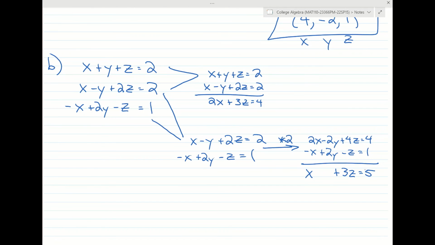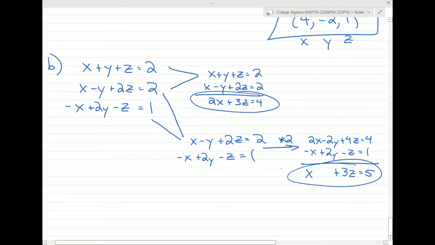So at this stage, we have 2 equations with 2 variables. The way that you get better at this is by practicing. All right, so just kind of finishing up here, we have 2x plus 3z is equal to 4. X plus 3z is equal to 5.